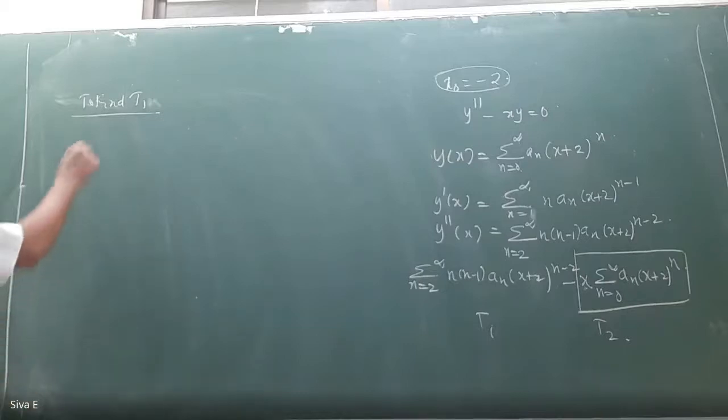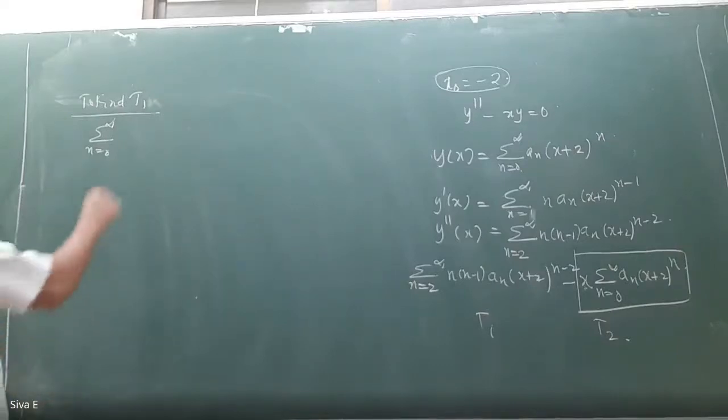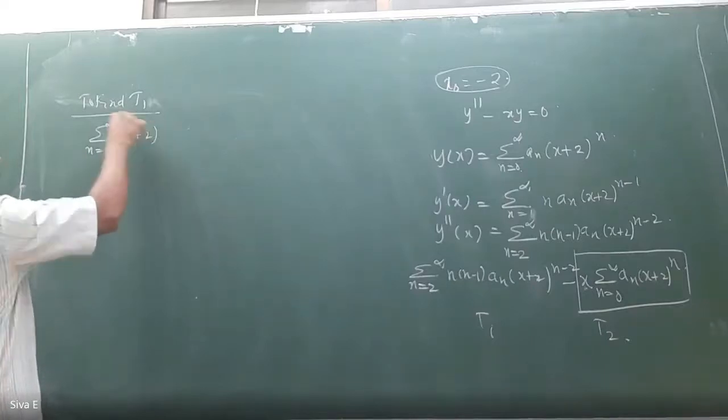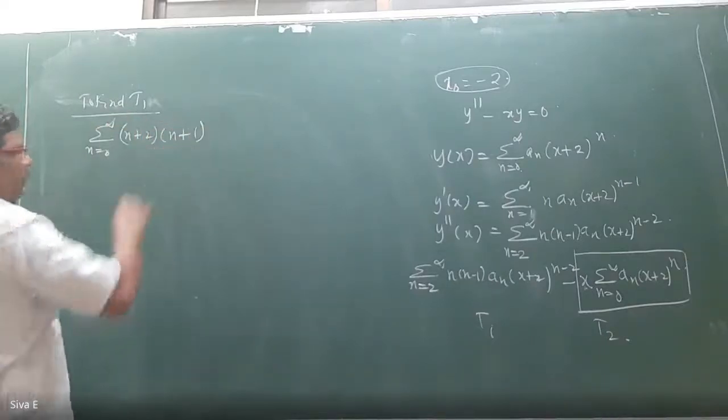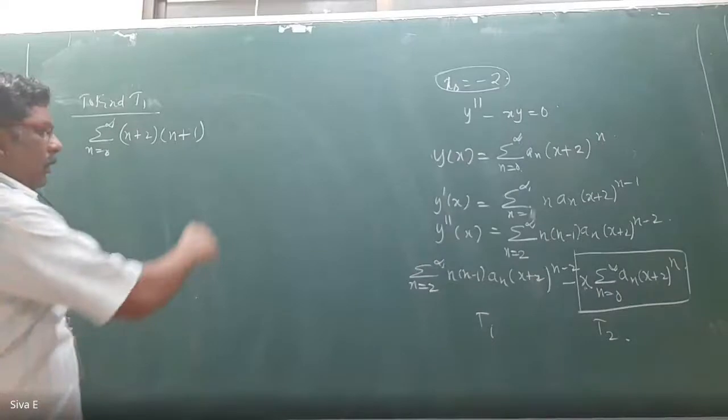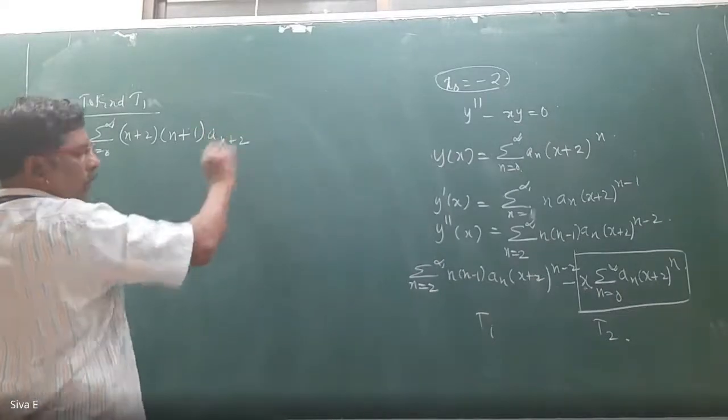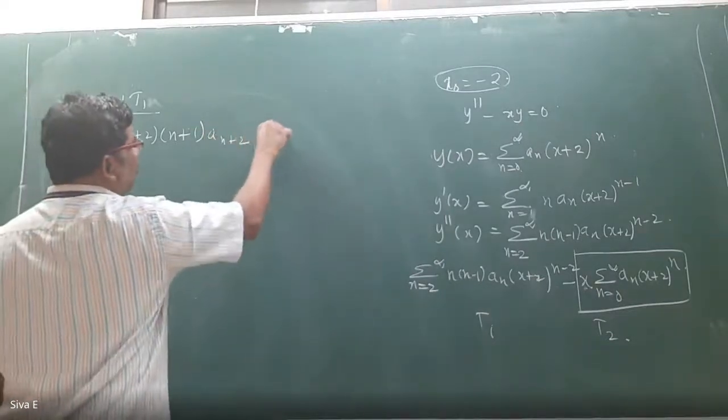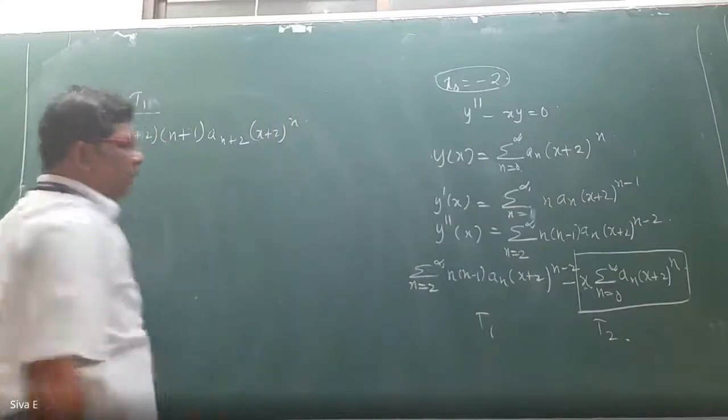Summation of n equal to 0 to infinity, we have already solved this, n plus 2, n plus 1, a n plus 2, x plus 2 whole power n is term 1.